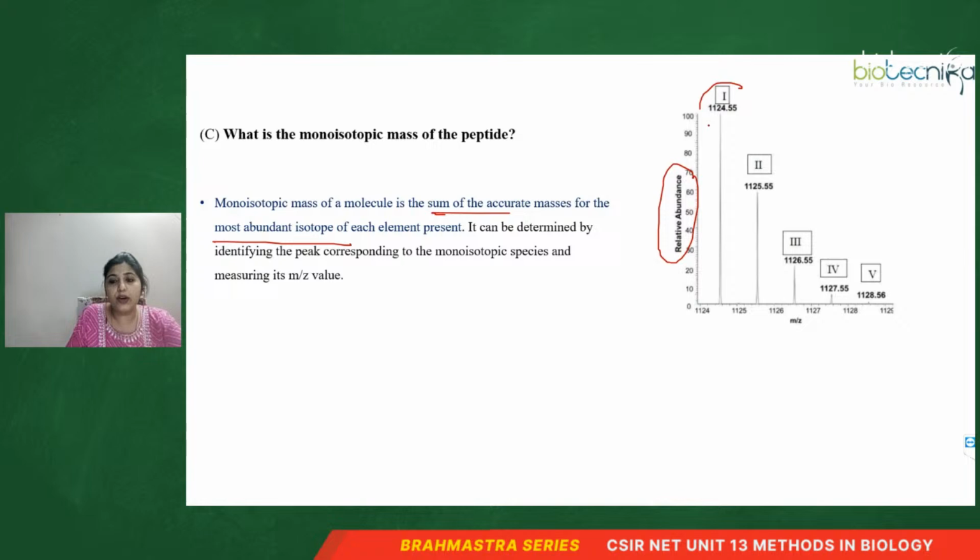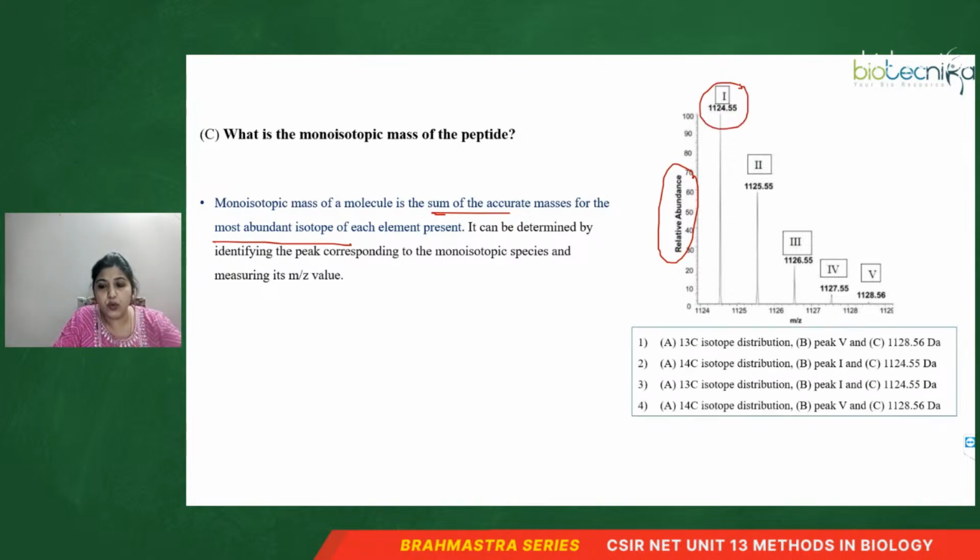So you can see peak 1 is most abundant, right? So it has a mass to charge ratio of 1124.55, and therefore we can say that C is 1124.55, and this confirms our answer. The answer is option 3, which was given by some of you. So the answer is not option 1, it is option 3.